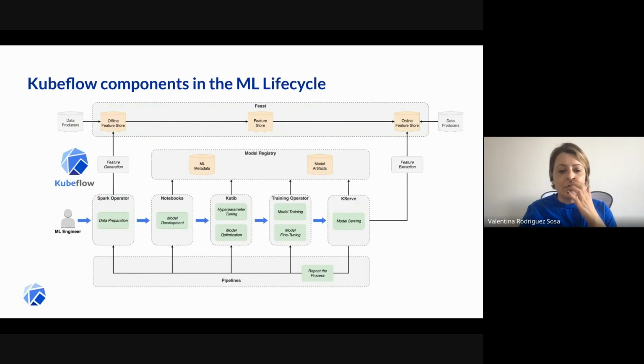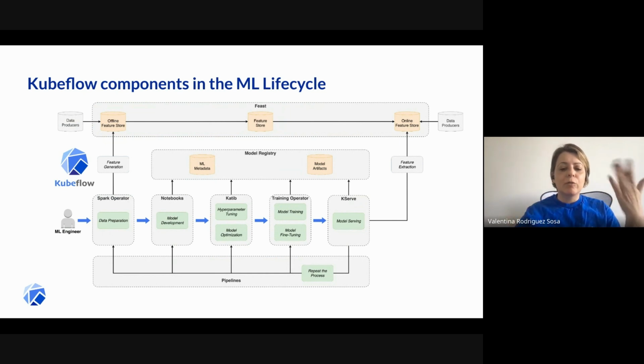And here I have a view of all the different components that help you in each specific cycle. So looking into the Spark operator for data preparation before you start doing model development with notebooks, but also Katib, which helps with model optimization and hyperparameter tuning. Once you start building all those components together, you want to start training your model.